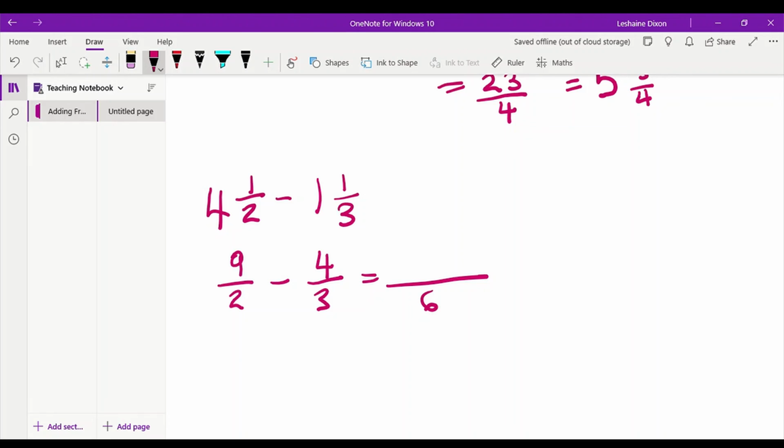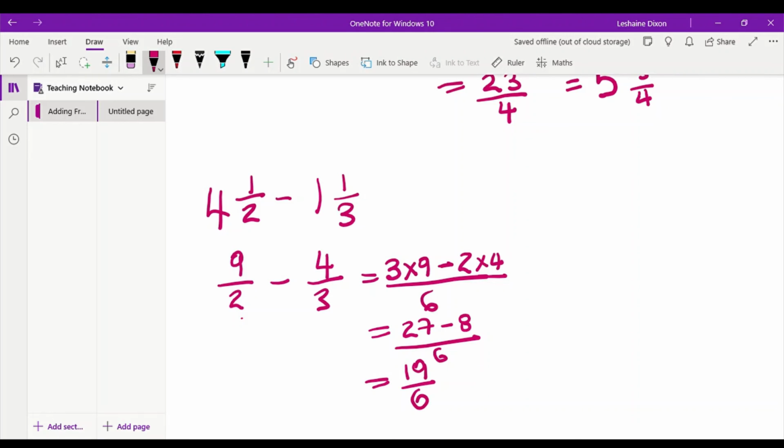So we say to ourselves, 2 into 6 can go 3 times, so 3 times 9, then we have our minus sign. 3 into 6 can go 2 times, so 2 times 4. That is now equal to 27 minus 8 over 6, which is equal to 19 over 6.